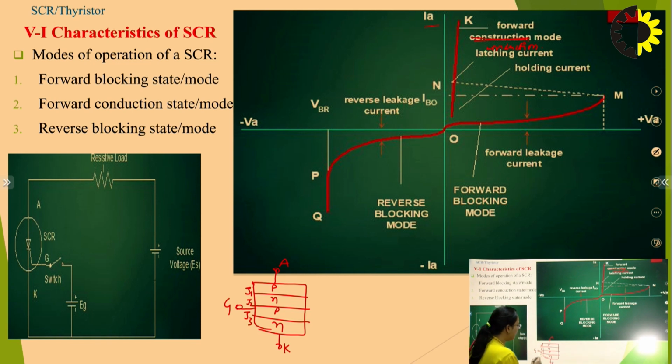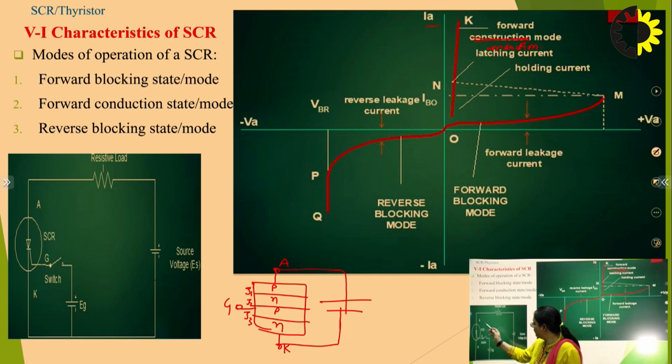So when a reverse voltage is applied between anode and cathode, you can see this diagram for a better understanding of the VI characteristics. Let me explain how we will connect this with this.